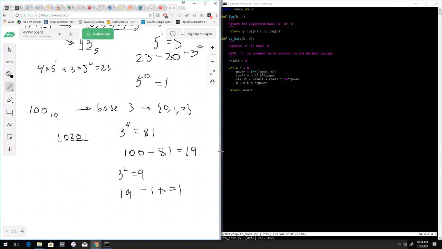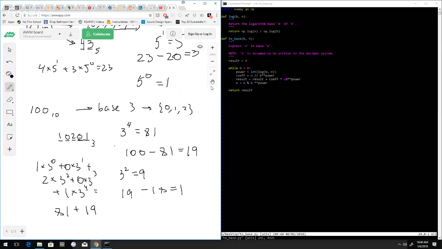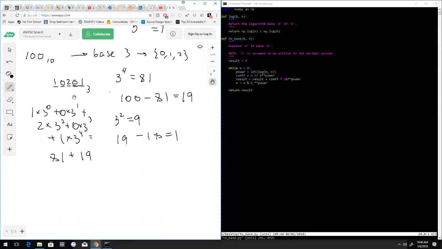Let's check. This is base 3. So this becomes 1 times 3 to the 0th power plus 0 times 3 to the first power plus 2 times 3 to the second power plus 0 times 3 to the third power plus 1 times 3 to the fourth power. Now, 3 to the fourth is 81. 3 squared is 9.